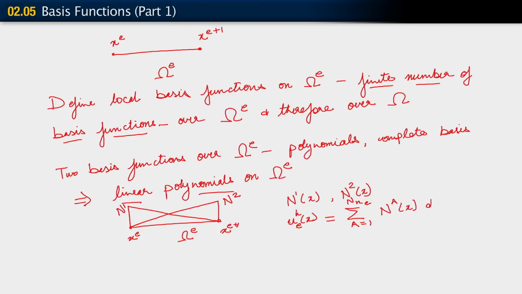We will write that degree of freedom as d_A sub E. Which in detail is simply N1 as a function of position times degree of freedom 1 corresponding to element E, plus basis function 2 as a function of position times degree of freedom 2 corresponding to element E.